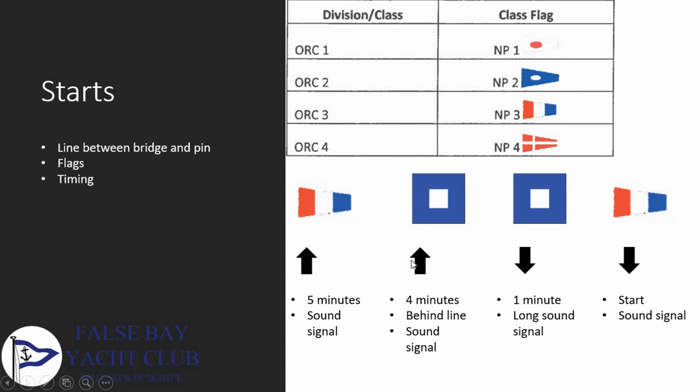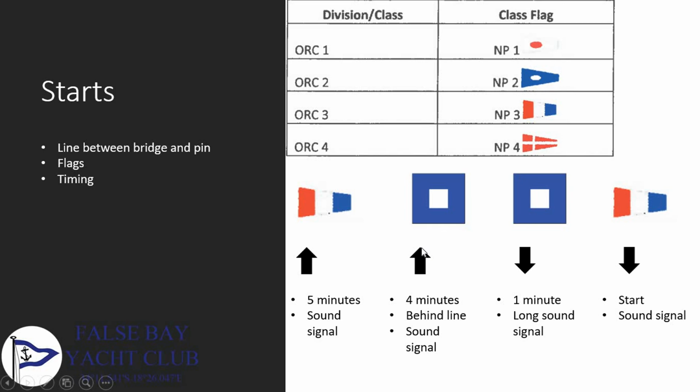Okay, and then at 4 minutes to go, the P flag is raised, and that's this flag over here. It's called P flag, or it can be called prep flag, because it's preparing for the race. When that flag goes up, also as soon as it hits the top of the mast, that means 4 minutes to go until the start of the race.